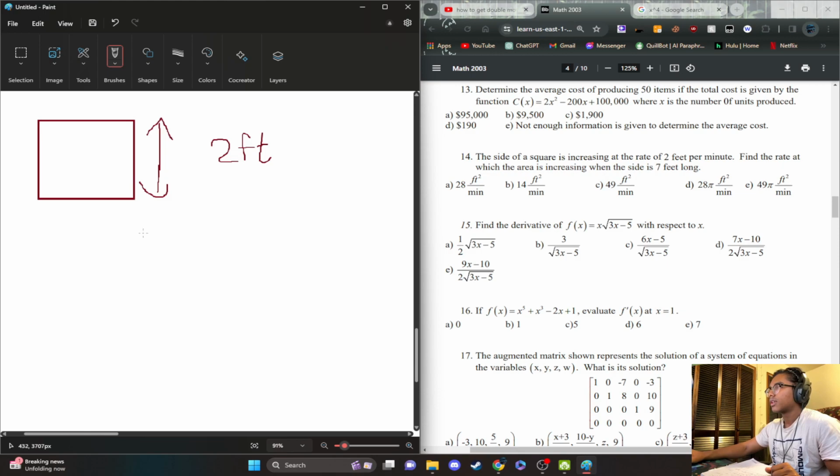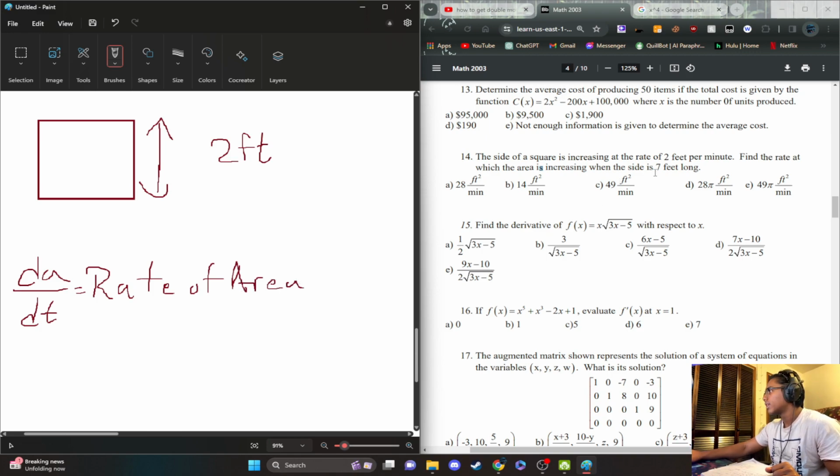Find the rate at which the area is increasing. So they're asking for dA over dt, the rate of the area, when the side is 7 feet long. They're giving you the side right here. It's 7 feet long, so all the sides are 7 feet.